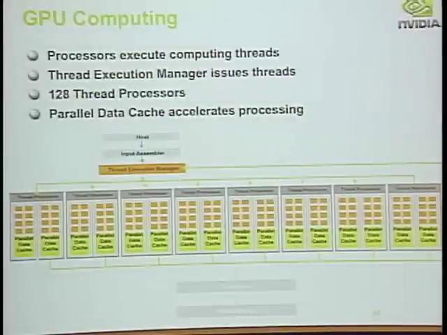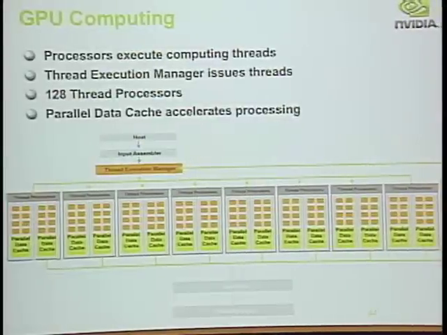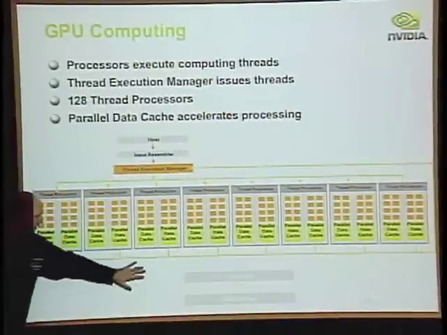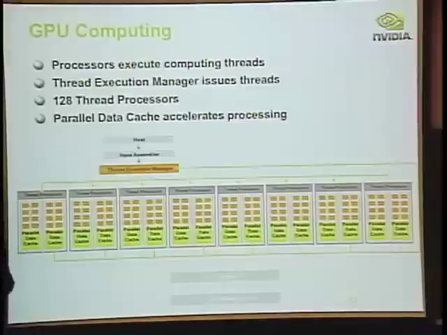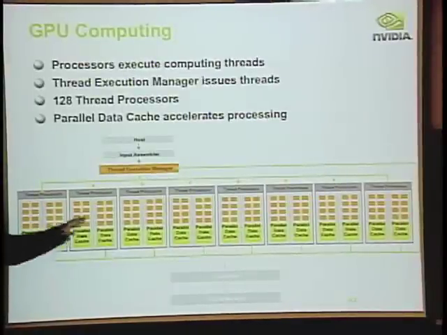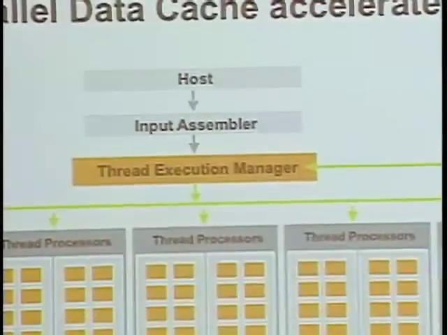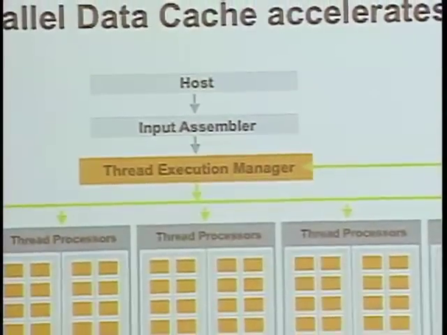Okay, so this is sort of a picture there of the chip. You've seen this picture before. What this shows is units in the GPU computing picture of the NVIDIA pipeline, right? So this thread execution manager, well, that's in hardware. There's a lot of stuff between that and the rasterizer.